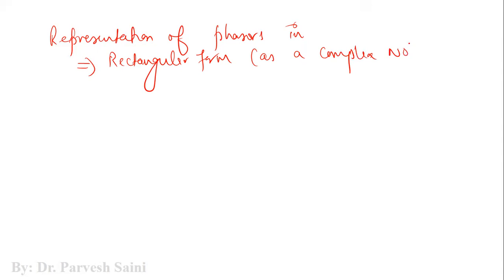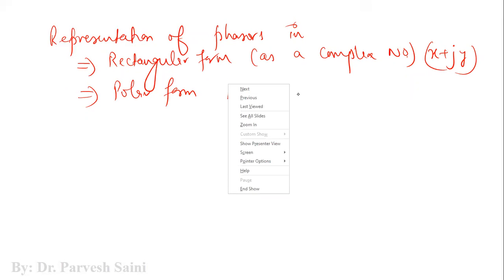We have understood that it can be represented in polar form also. It is like x plus jy, so this is the rectangular representation. Polar is the magnitude of the quantity and the phase angle.